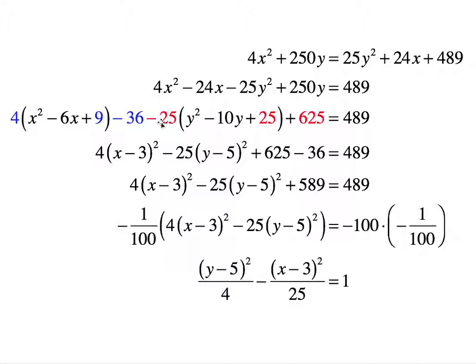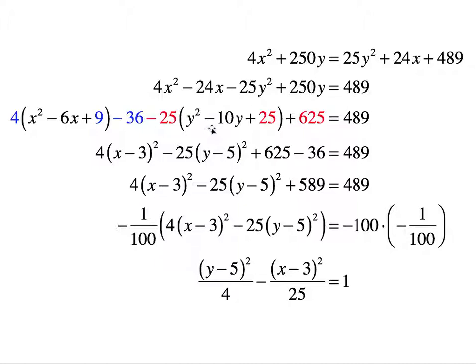Over here, we factor out negative 25. If you factor negative 25 out of positive 250, that leaves negative 10. So inside our parentheses we have y squared minus 10y. Half of negative 10 is negative 5, so that's what goes here to complete our square.